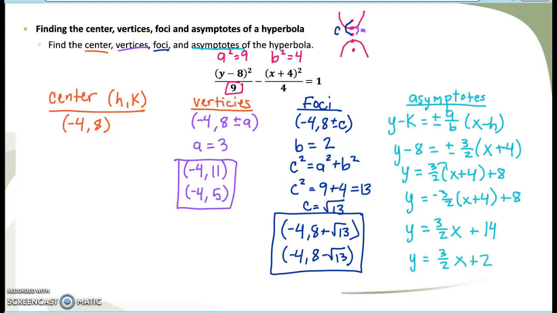How did I get that? I multiply this 3/2 through, and then I add 8. And then on the second one, I multiply negative 3/2 through, and add 8. So I should have a negative 3/2 right here for my slope on my second asymptote. So that's how you can find the center, vertices, foci, and asymptotes of a hyperbola.